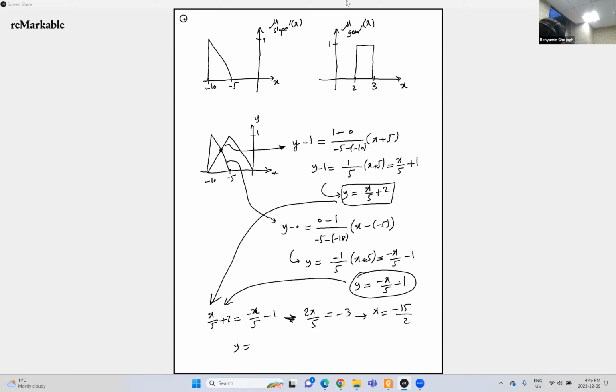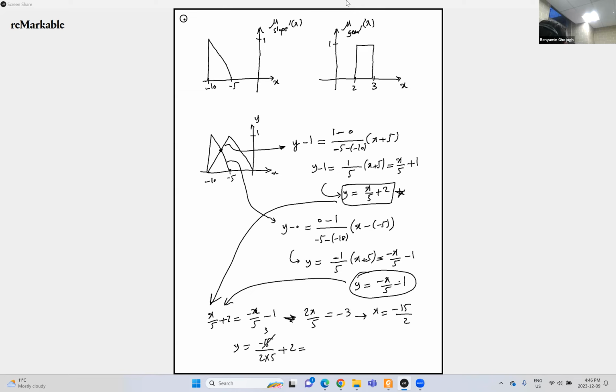Then y becomes minus 15 over 2 times 1/5 plus 2.